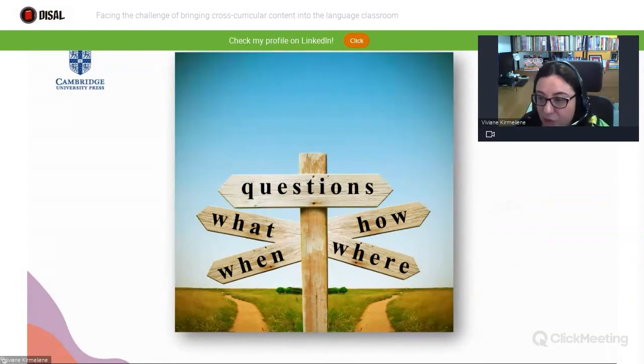At what level can you start using CLIL so that students will take advantage of the school curriculum and the target language? It all depends. It all depends on your context, on the hours that students will be dedicating to CLIL, I mean, the hours allocated to CLIL in the school program, teachers' skills as well.